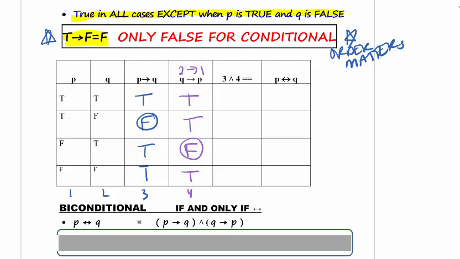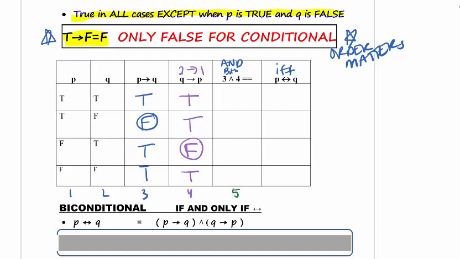And remember what we talked about when we first introduced the biconditional. When we say biconditional, it's our if and only if, which is our double arrow. But the rule means that it has to work in both directions. So both, remember, is our and, which is what we're doing here in column 5.